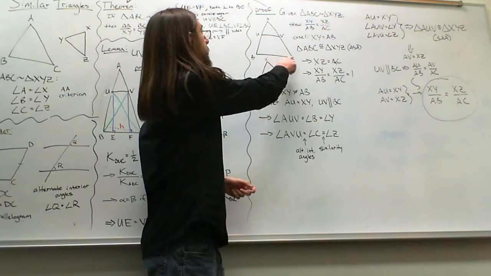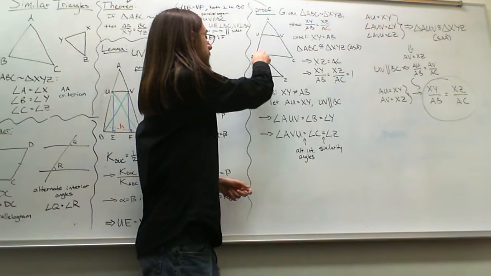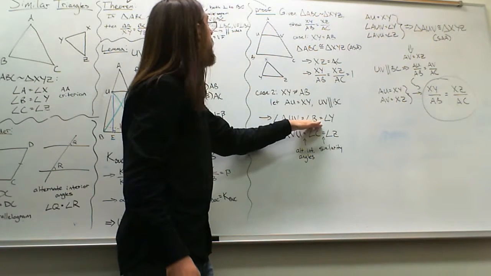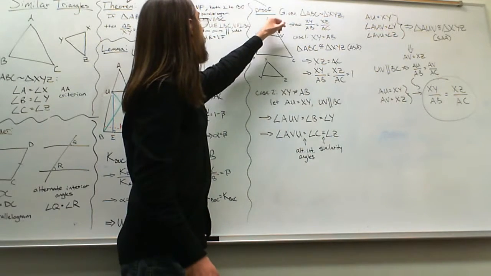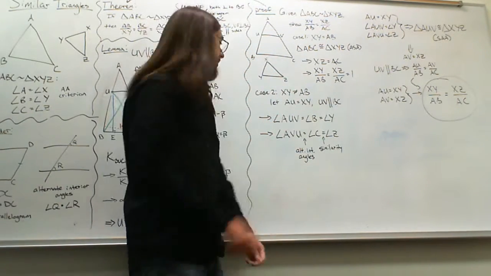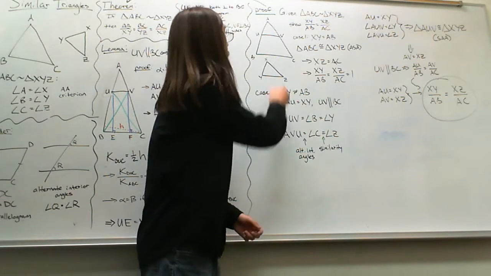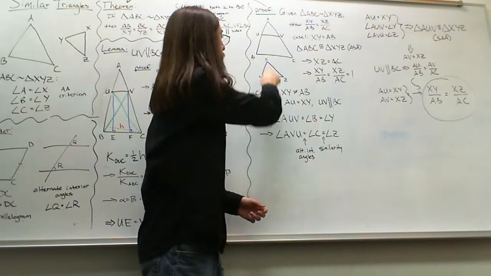Since these are parallel, we have corresponding angles here, so this and this are equal. And since we have similar triangles, angle B is equal to angle Y. Similarly, we have that angle AVU is equal to angle C, which is equal to angle Z.